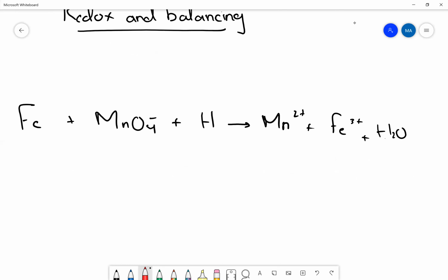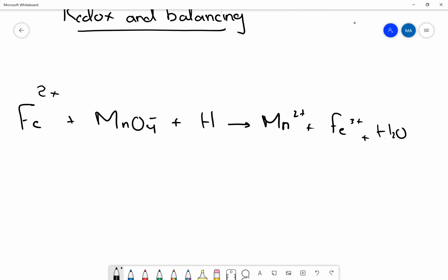Okay, first of all, redox. I would suggest you first mark all the oxidation states. Iron, let's say, is given in the question as 2 positive. So you're first supposed to find out the unknown oxidation states.